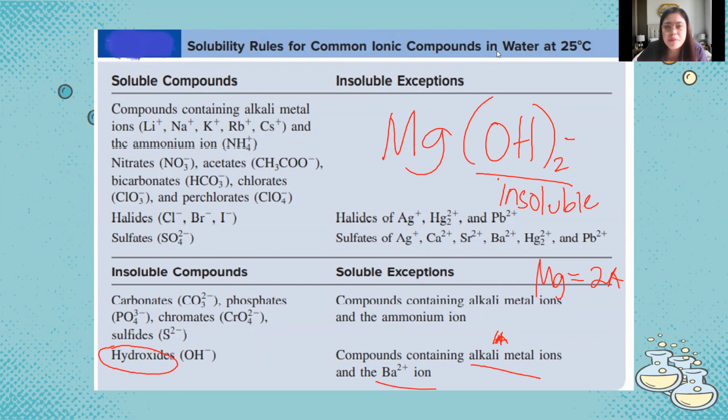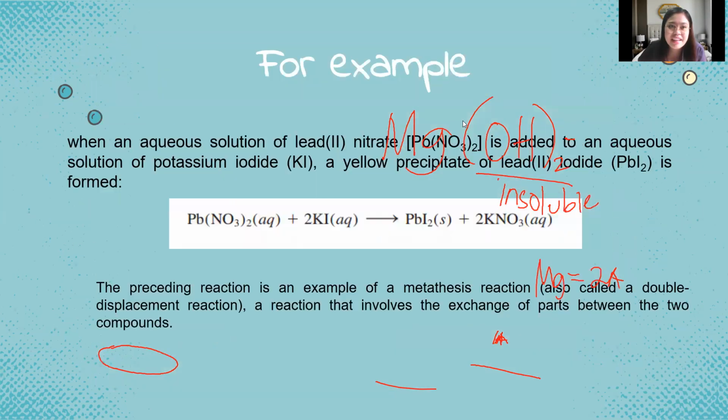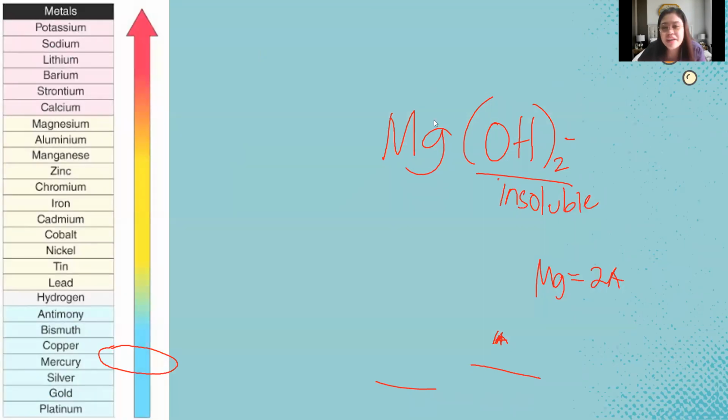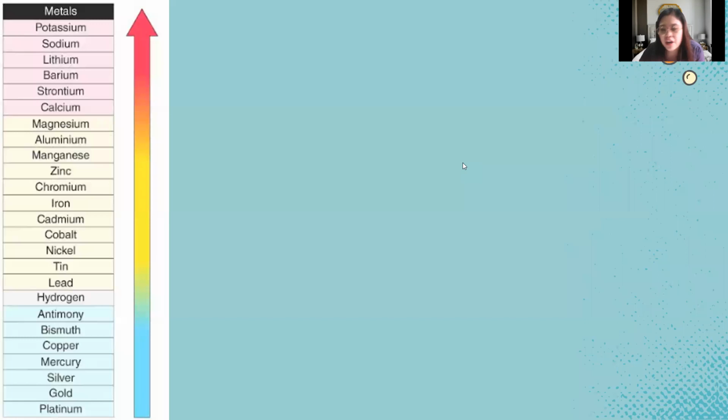Okay? You may also add this in your index cards. Marami na tayong index cards class. The first one is for the polyatomic ions. And then number 2, you have the activity series of metal. You may write this also in an index card, so you will be guided if we are going to make a chemical reaction.